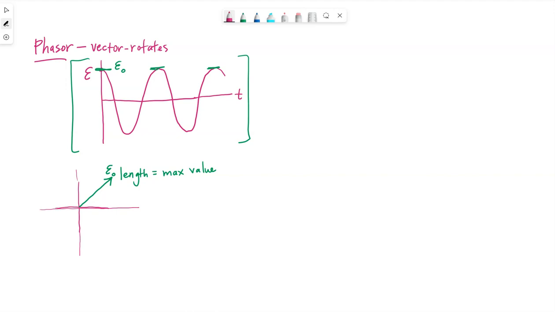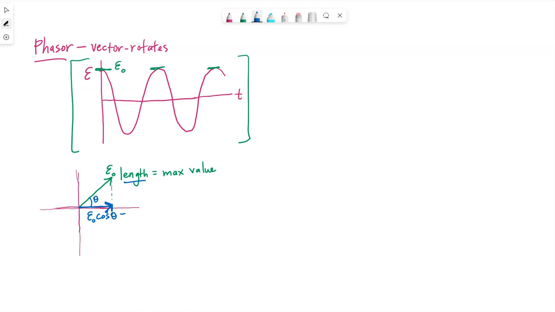The way we do that, if you think of vectors in general, vectors can be written and drawn as having x and y components. So this specific vector I've drawn at this moment in time has an x component that would be this long, and that's based off the length of the phasor, the maximum voltage, and the angle in here. This side would be the maximum EMF times the cosine of whatever that angle happens to be.